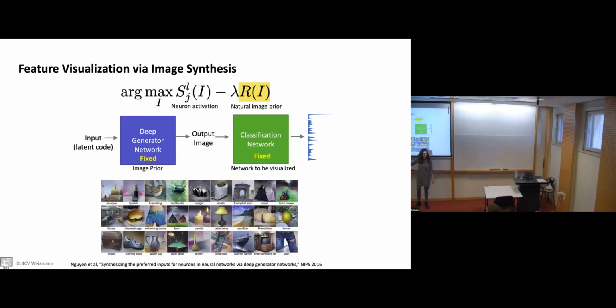It is also fixed, and this neural network can take in some input, some latent representation, and produce an image. It was trained to generate images, so it learned priors about how natural images look. And it can act as a regularizer or as a prior that we can incorporate here.